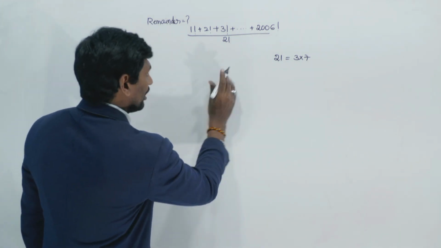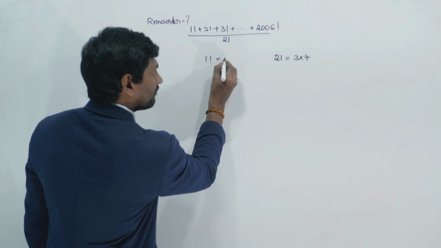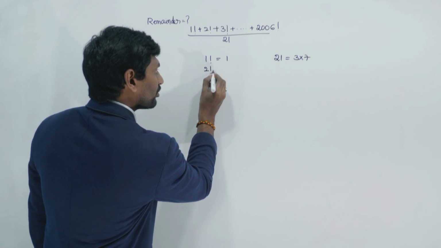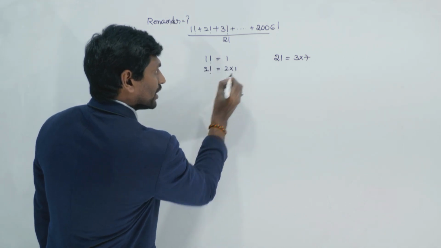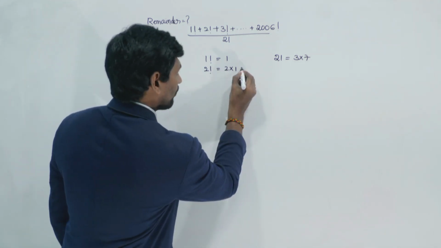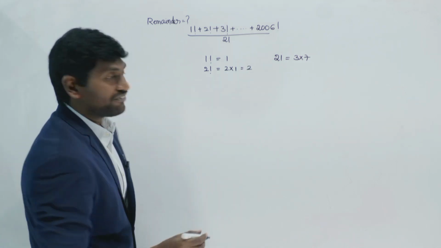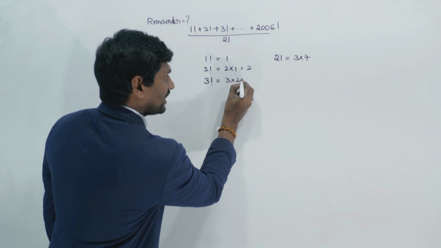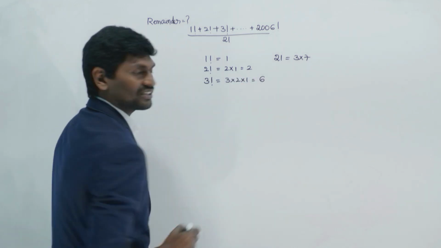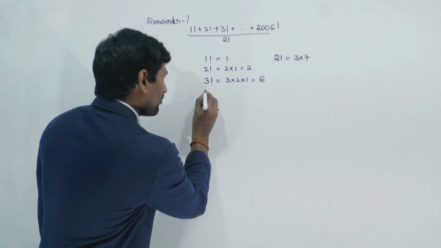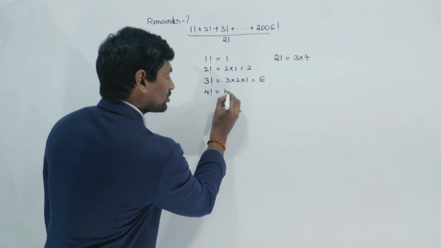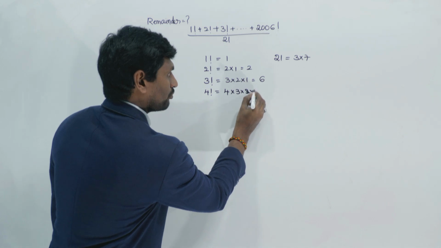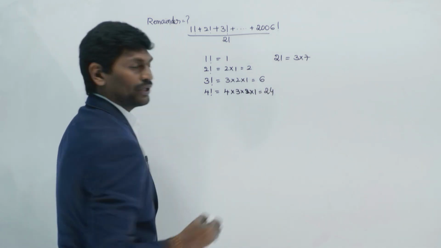Let me find 1 factorial. The value is 1 itself. 2 factorial means the first 2 natural numbers, 2 ones are 2. 3 factorial is 6. 4 factorial is 4 into 3 into 2 into 1, equal to 24.